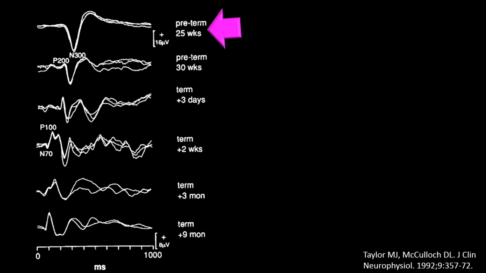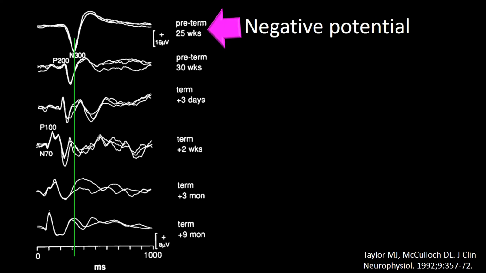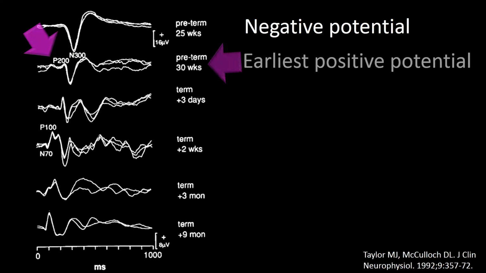The flash VEP of most 25-week preterm neonates have a negative peak labeled N300. At about 30 weeks, the first positive peak appears.